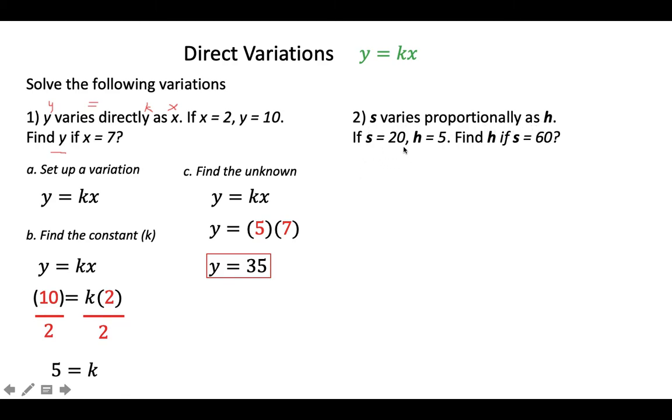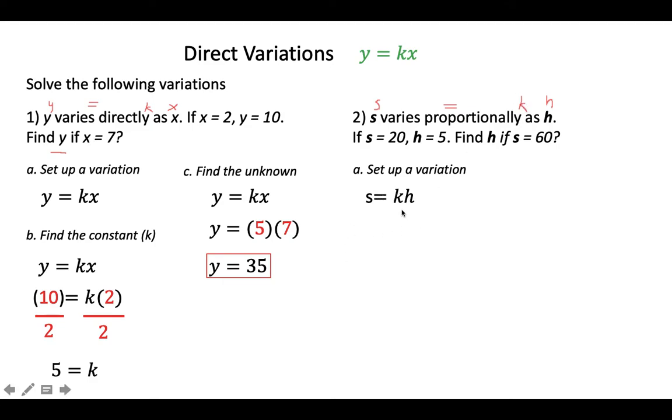For the given number 2, s varies proportionally as h. If s is 20, h is 5. Find h if s is 60. Step 1, we set up a variation from our first sentence, s varies proportionally as h, and don't forget the constant represented by variable k.